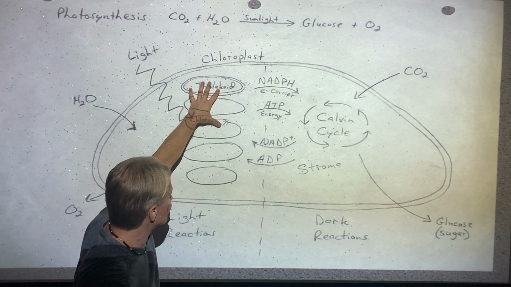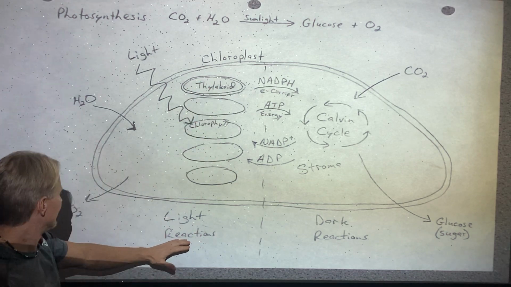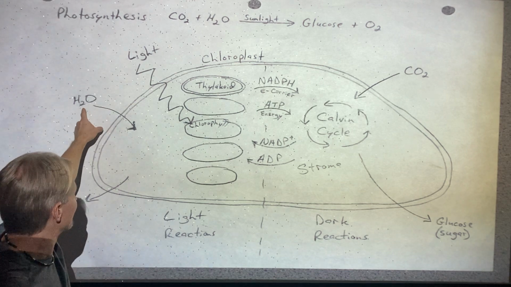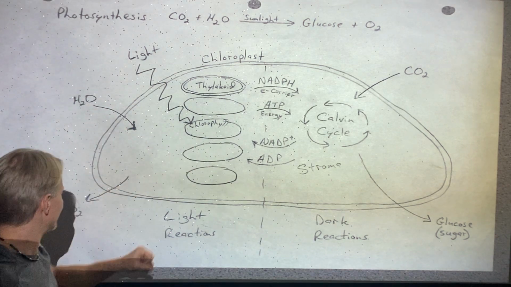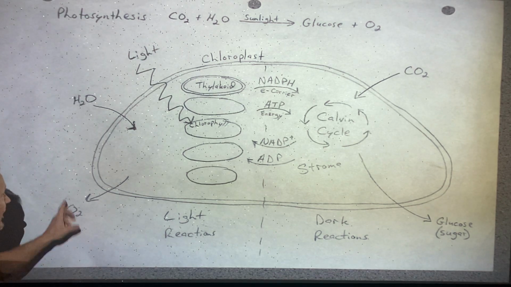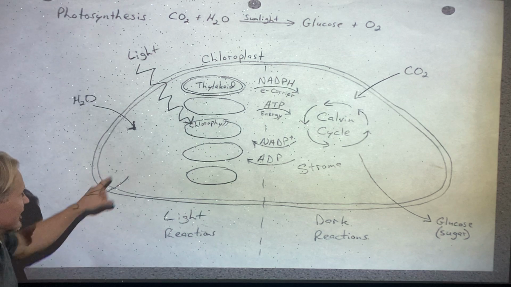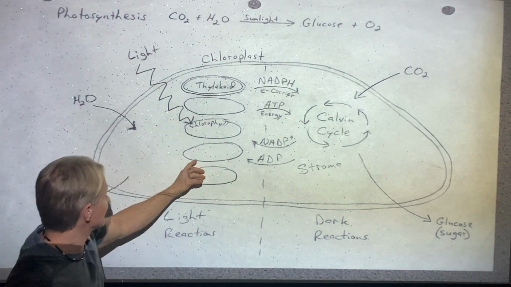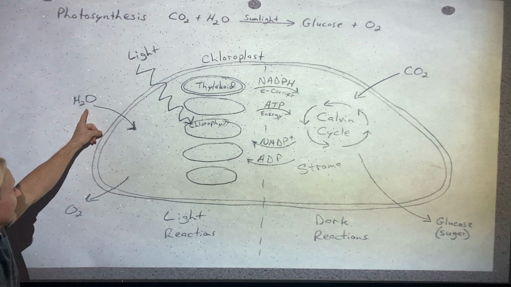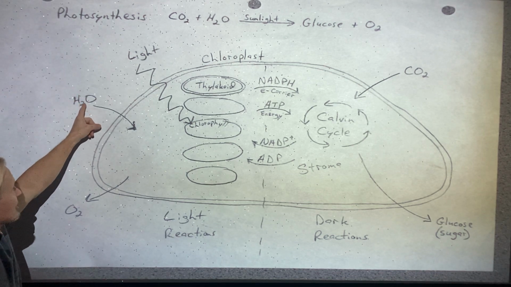Now, to do this first part, the light reactions, you're going to need water, okay? The plant needs water for this step, and it's going to give off oxygen. So the waste product is going to be oxygen. The reason for the oxygen is because the light reactions are going to split something known as hydrolysis.